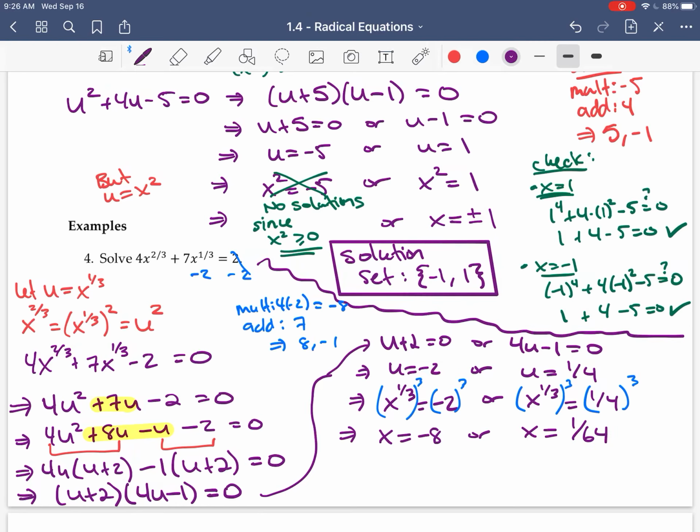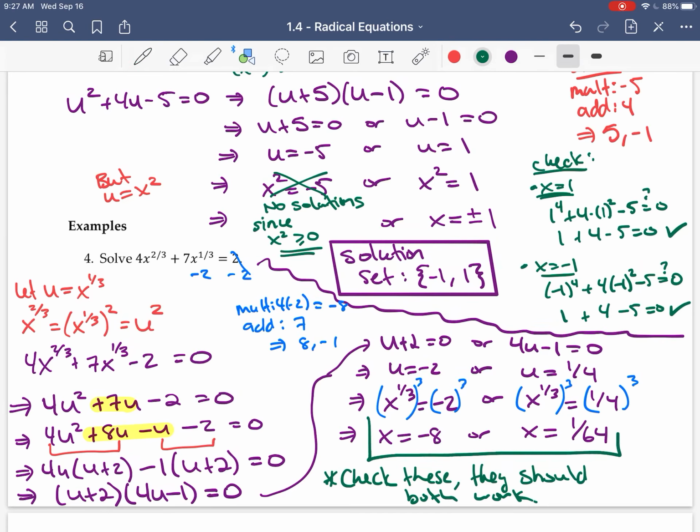Now I don't really have room here to check, but I'm just going to write check these. They should both work when you check them. So these are both solutions, but you should check them to make sure. But I think that they both work.